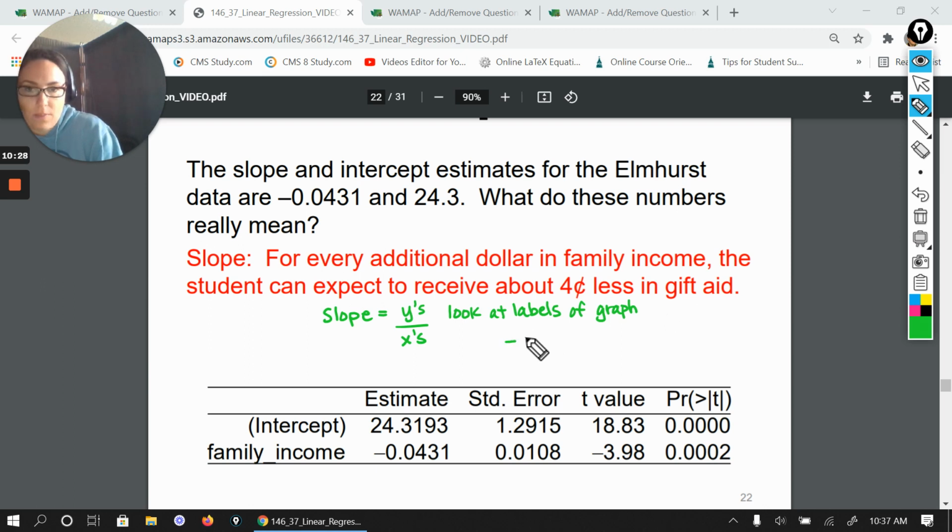And so if I put negative 0.0431, I can force that to be a fraction and put it over 1. So this is the aid, and this is the income. Okay, so for every dollar in income, you're getting minus 4 cents in aid.